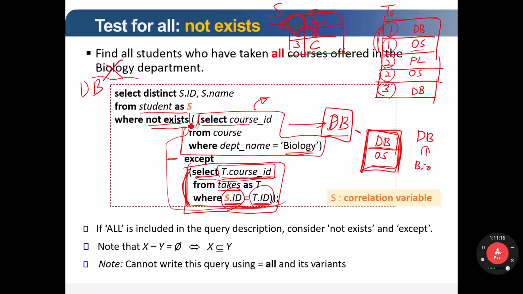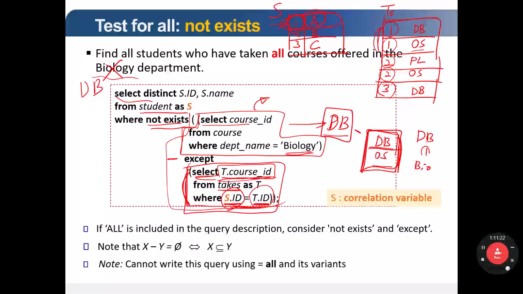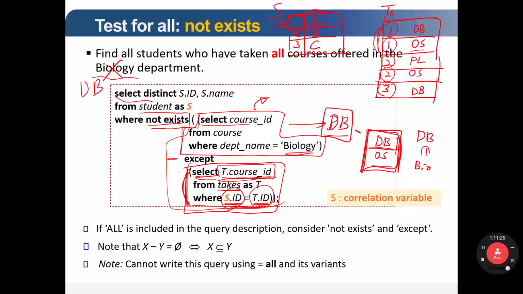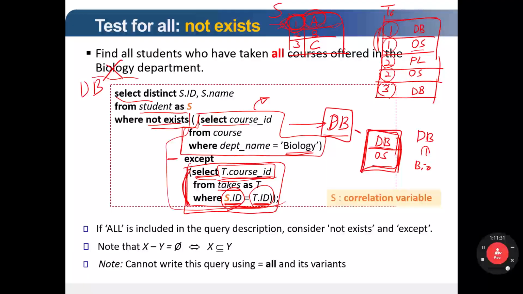And therefore, this not exists operator is going to return true. And Alice will be selected. Why was Alice selected here? Because she took database course. That's the basic logic.